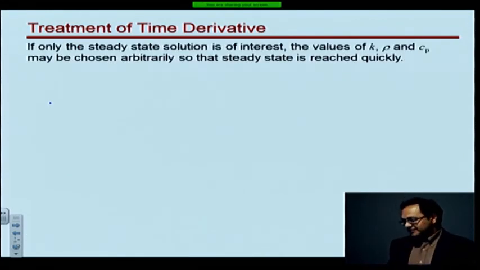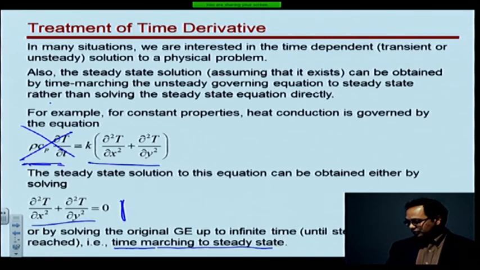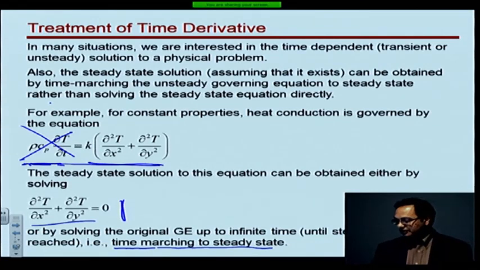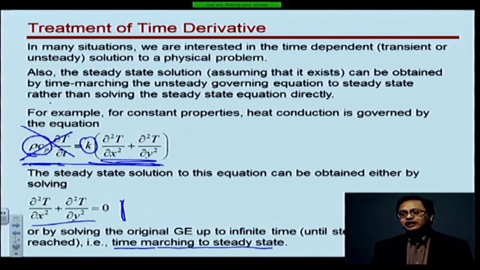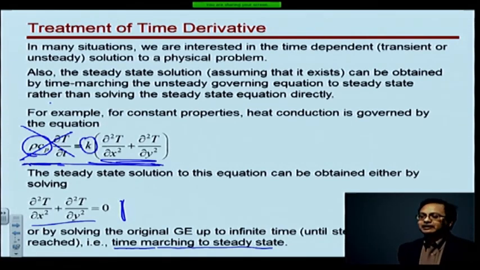Now, if the steady state solution is of interest, so now we are talking about time marching this equation to steady state. So we're saying if we are only interested in the steady state solution, then we can arbitrarily use values of k, rho, and Cp that will allow us to get to steady state fast.